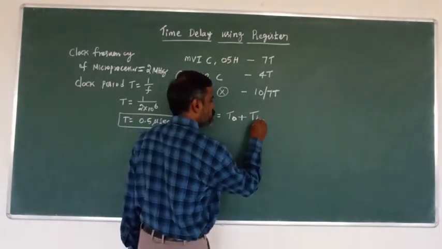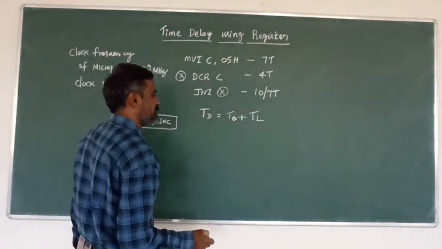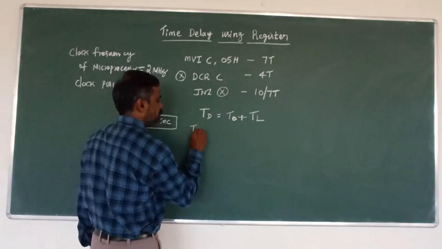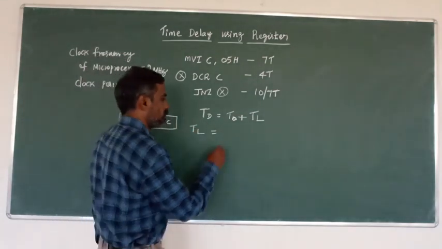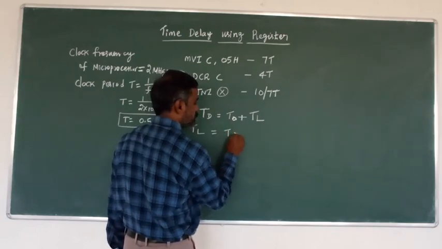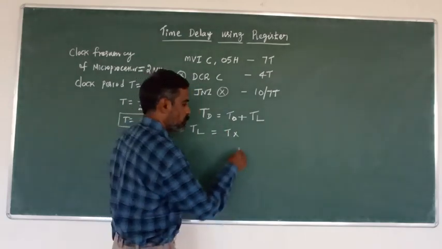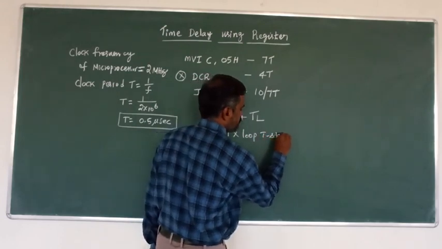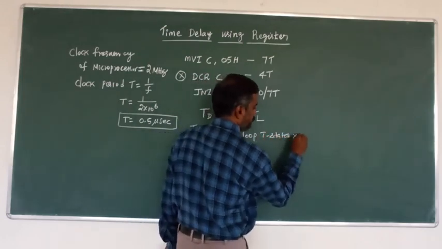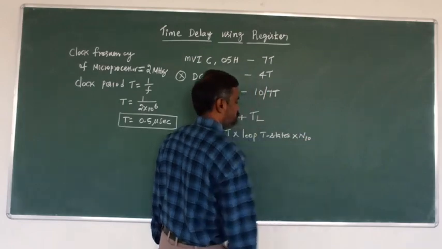First we have to calculate TL, equal to the time period into loop T states into N base 10.